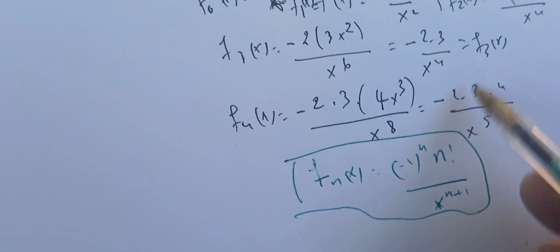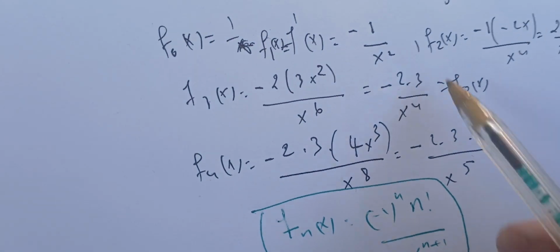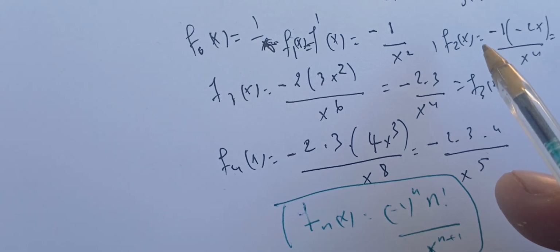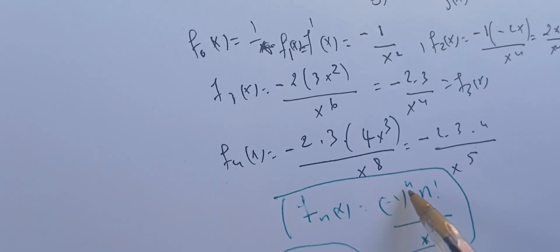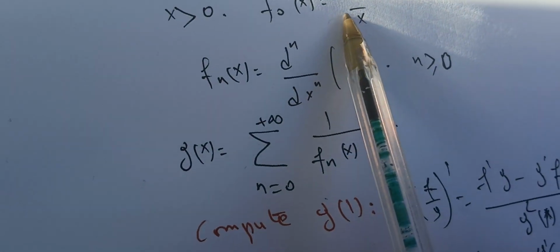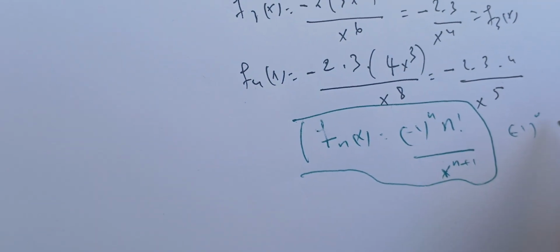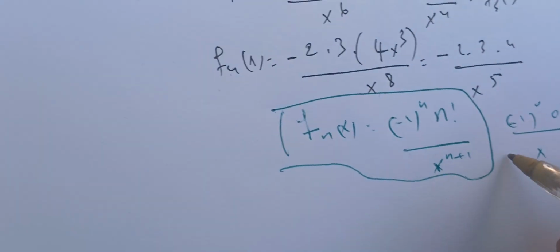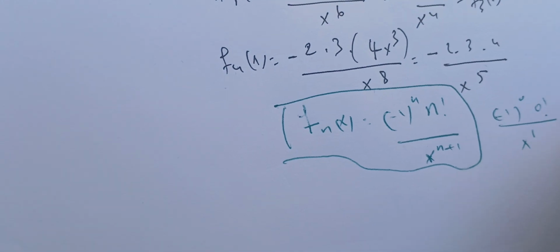Okay, just by looking at this one here and differentiating the f, which is 1 over x. Okay, so let's see if this is true. So when n is 0, should I get my original function? So if that's true, minus 1 to the power 0 is 1, and 0 factorial is 1, over x to the power 0 plus 1, which is 1 over x.